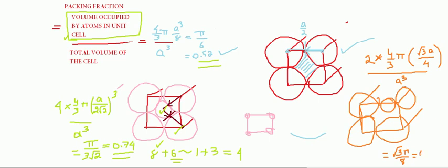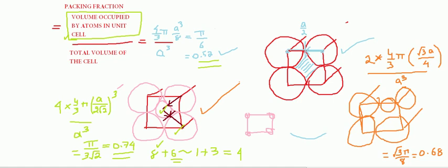It's very logical because in the face centered we have more number of atoms, so they take a larger space, and in cubic lattice we have less number of atoms, only 8 atoms, and in body centered we have 8 plus 1, 9 atoms. So more number of atoms are in the face centered, and hence the packing fraction of face centered is more. Now once we have completed our discussion on packing fraction.